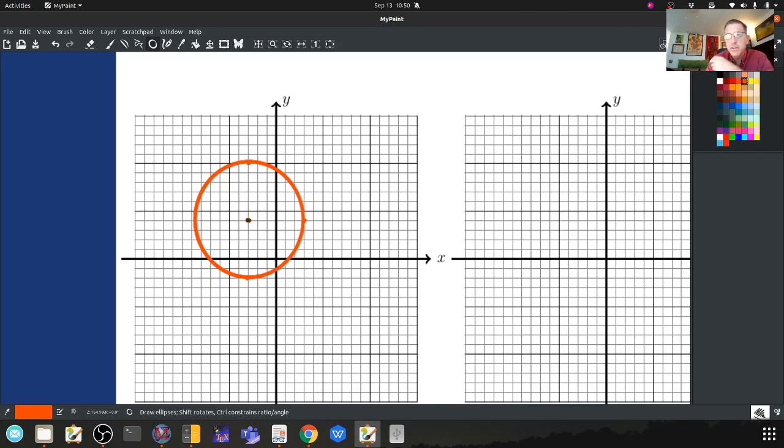So again, you just find the center and you draw the center point, and then you go out in the up direction, the number of units of the radius, the right direction, the number of units of the radius, the down direction, the number of units of the radius, the left direction, the number of units of a radius.